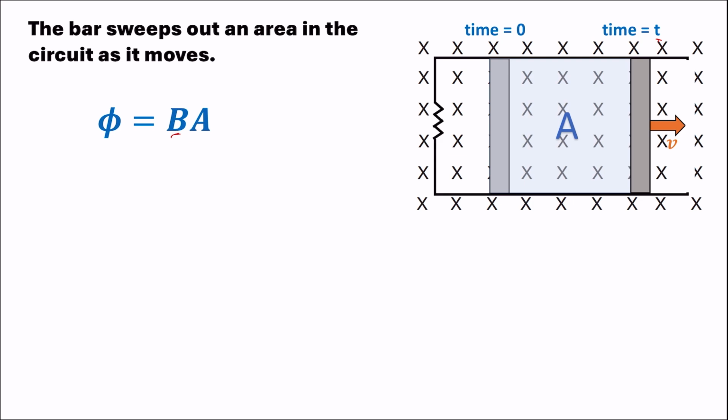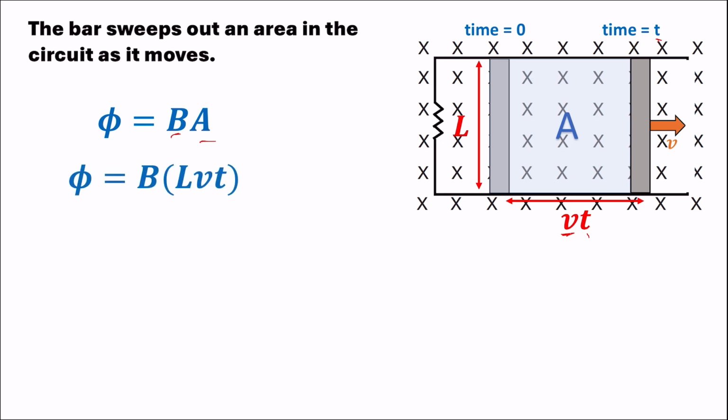That area is a rectangle. One of the sides of the rectangle is the length of the bar. The other side is found by Vt, the average velocity of the bar, times the time t it was moving for. So I can replace area with length times Vt. And then in this expression here, I have BLV, which was equal to induced EMF.